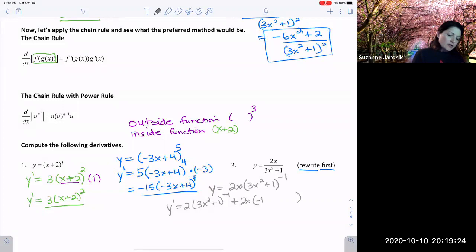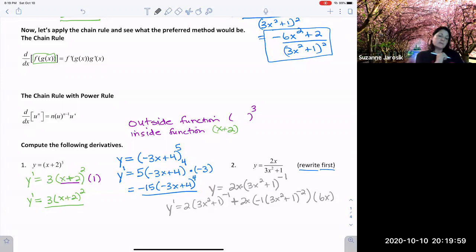So my negative 1 comes in front, times 3x squared plus 1 by chain rule, I leave it alone. And then negative 1 minus 1 is negative 2, right? Okay. And then derivative of the inside function, which is the 3x squared plus 1, so that's times 6x.